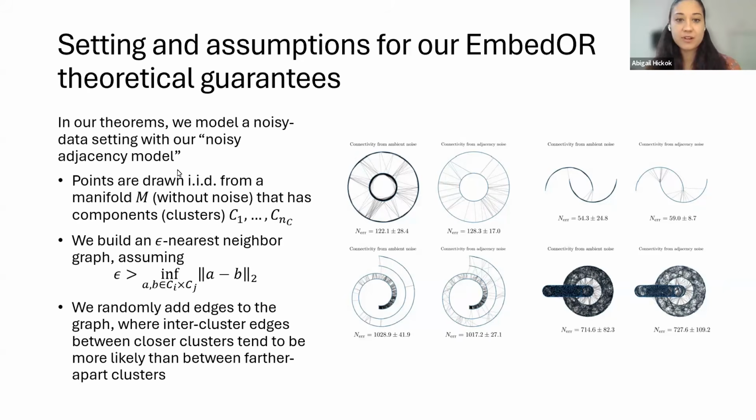You can see the number of component bridging edges is similar, and those component bridging edges are occurring in similar spots in the manifolds. So qualitatively, our model produces graphs that look a lot like the more realistic noisy setting.